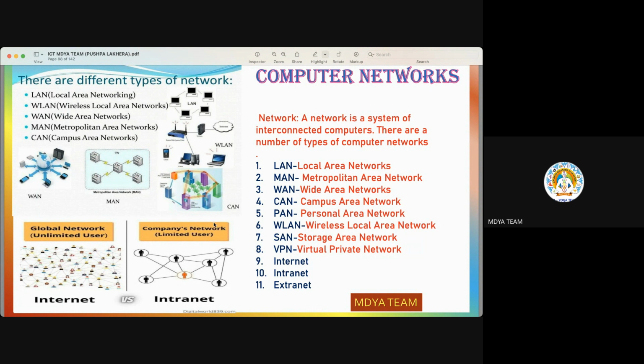And then there is storage area network and virtual private network. Virtual private network is a network in which some of the links between the nodes are carried out by open connections or virtual circuits in some larger network like the internet instead of physical wire.